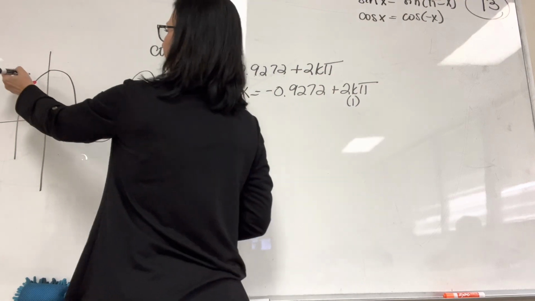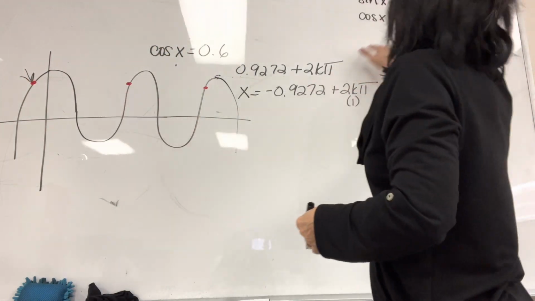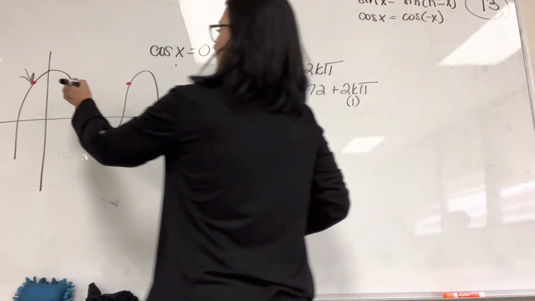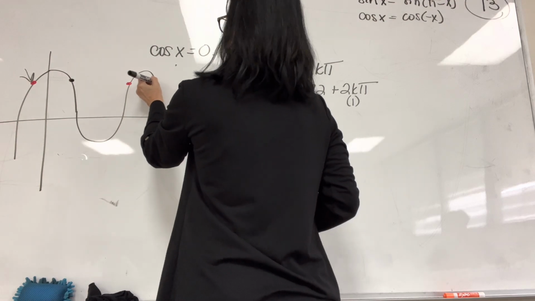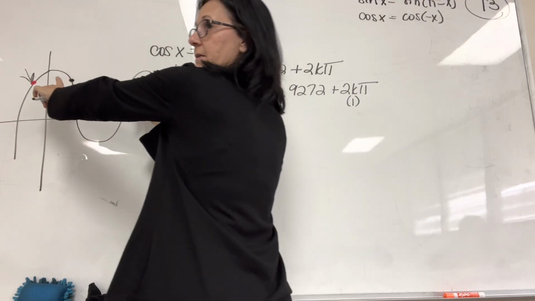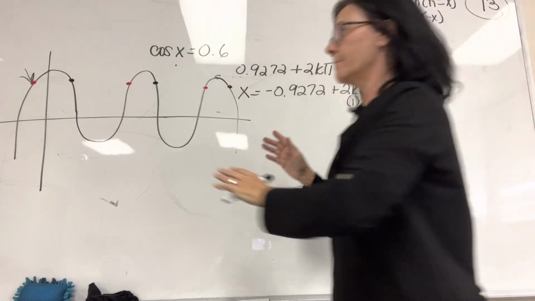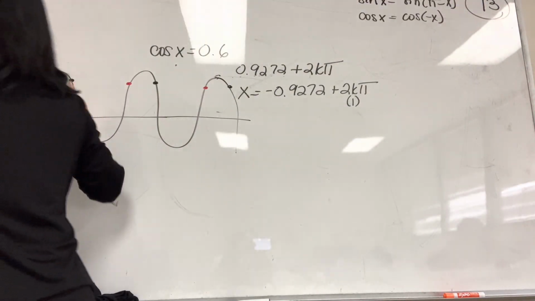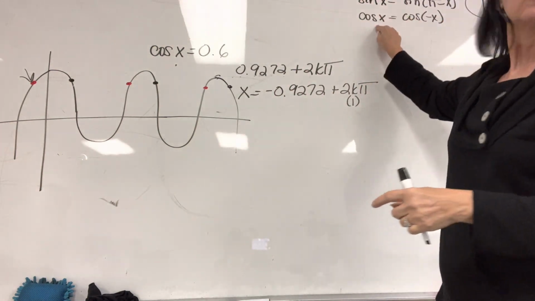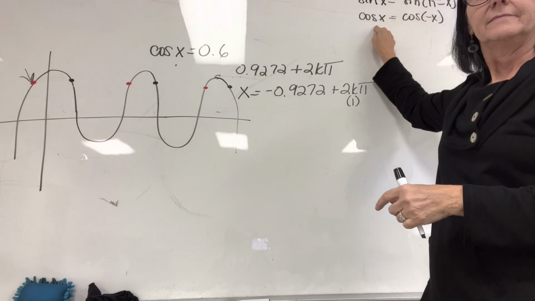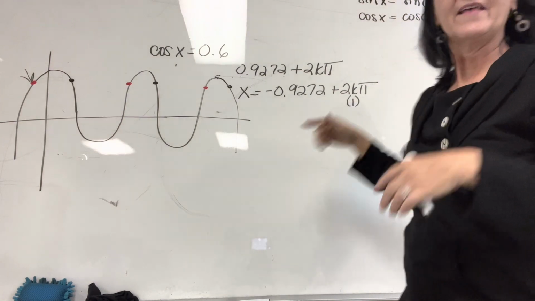The only one I'm going to find is this one here, so that's the cosine of negative x. And the ones on this side also repeat, and the distance between them is 2 pi, another 2 pi, another 2 pi. It goes in both directions. I can go backwards because it's repetitive. So once I find this first one, I'm just going to do the negative of it and then add 2k pi.